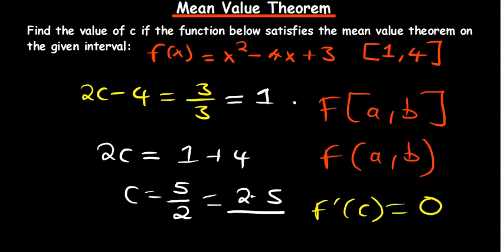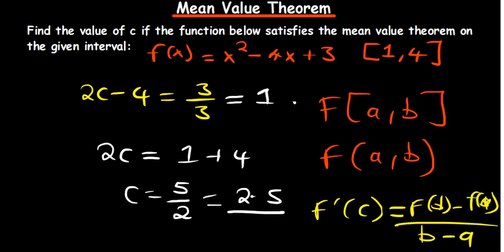And if you connect this to the mean value theorem, you expect that there should be a point where, if you differentiate, it should be equal to the derivative of a secant, which is just the change in y, f of b minus f of a, divided by the change in x, which is b minus a.